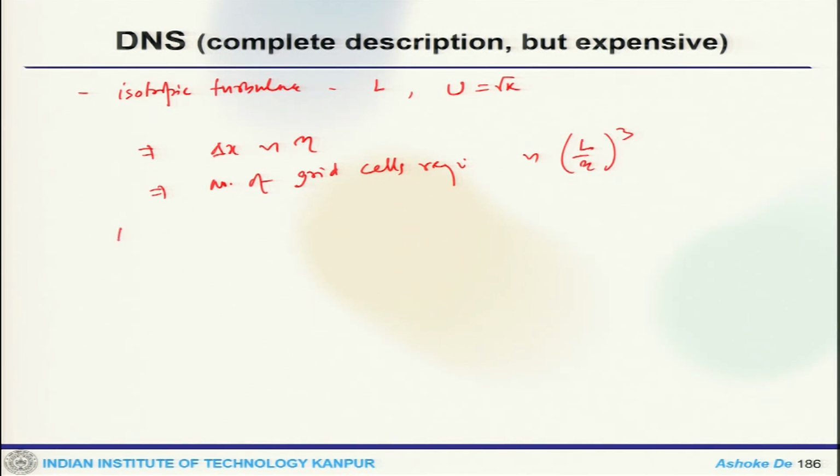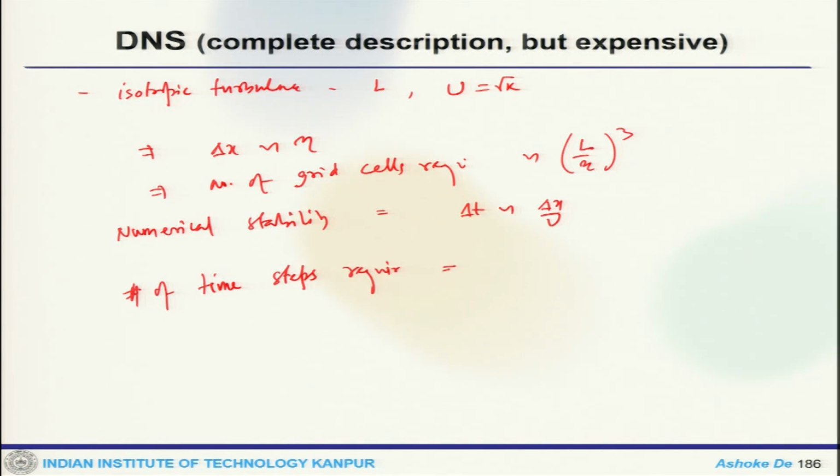For stability, from the numerical stability point of view, the time step required is delta t of the order of delta x by u. The number of time steps required would be k by epsilon by delta t, which is L by eta.